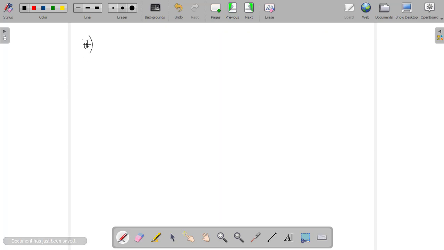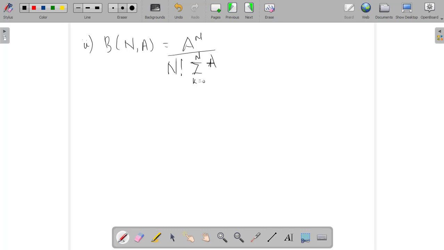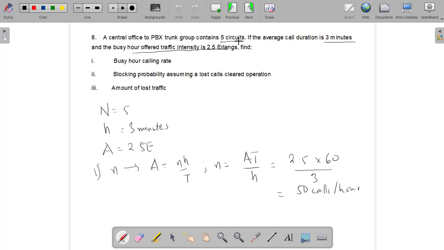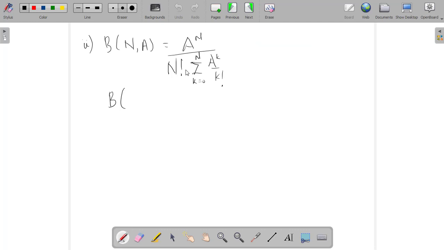So to find the blocking probability, it is given by the expression B(N, A), giving us A to the power N divided by N factorial, divided by the summation of K equals 0 to N, A to the power K over K factorial. So if we do our substitution, we're going to have B of our N, which was 5, and then our A, which was 2.5.